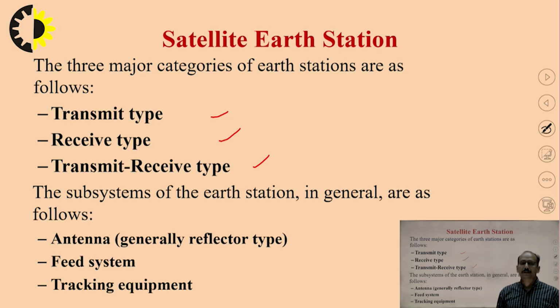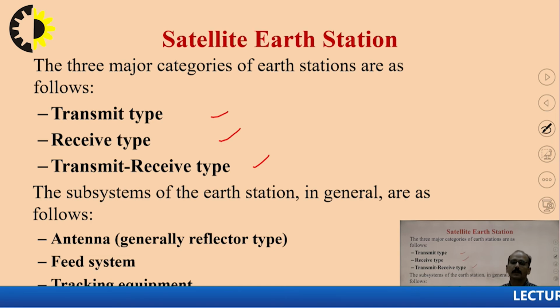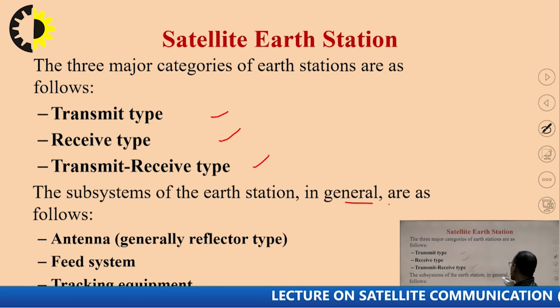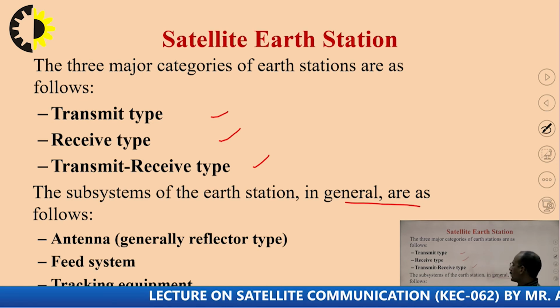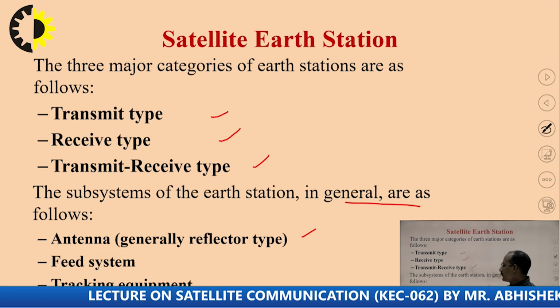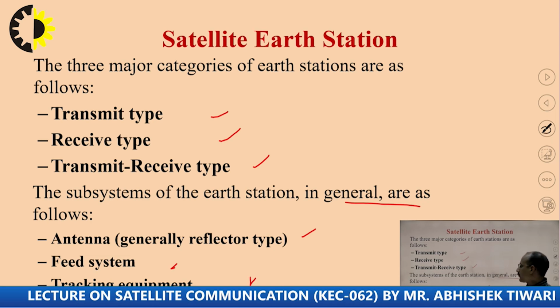The satellite has various subsystems such as the communication subsystem, TTCM, AOCS, power supplies, and others. Similarly, an earth station also has some general subsystems: the antenna, generally a reflector type, the feed system, and the tracking equipment.